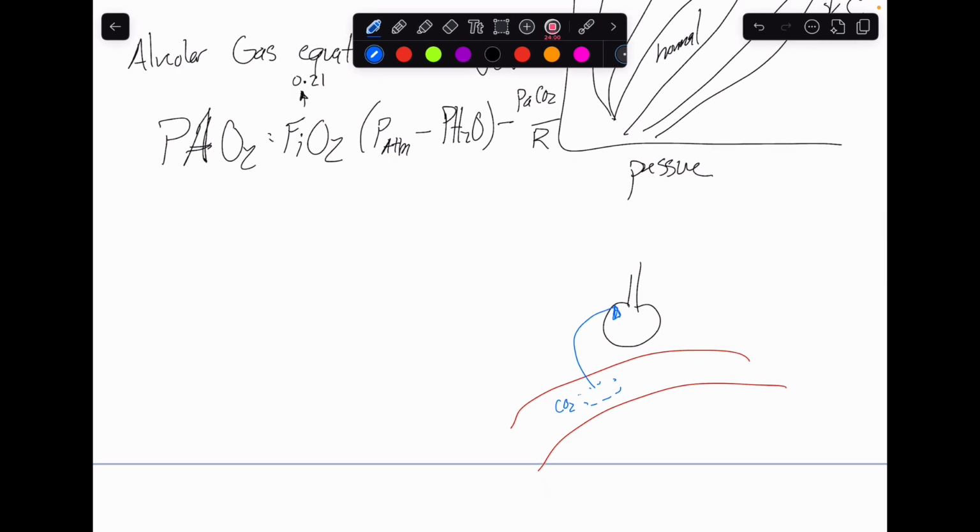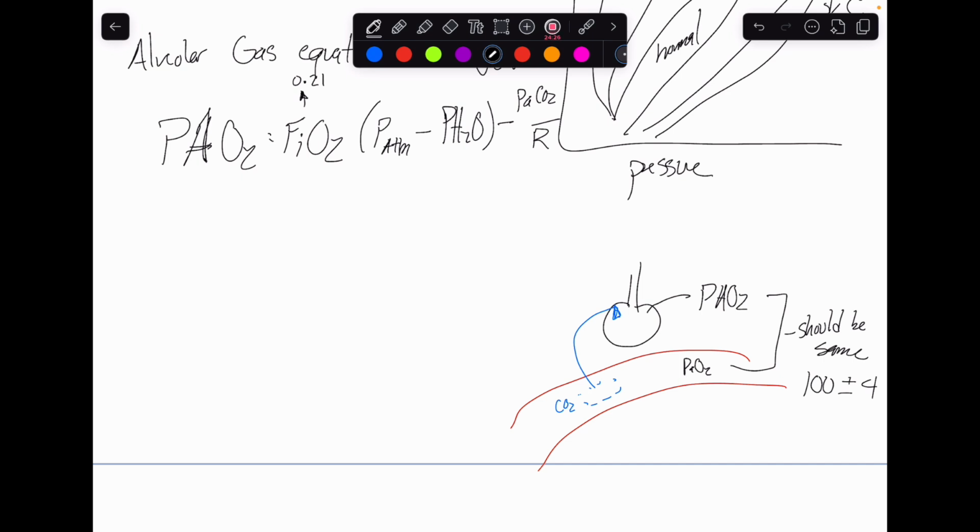I also have, this is our PA big O2, and this is little PaO2. These should be the same. It should be 100 plus or minus about 4. Anyways.